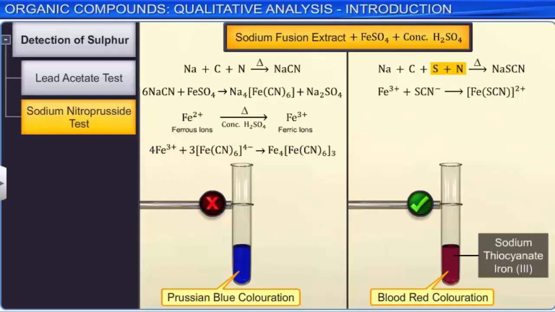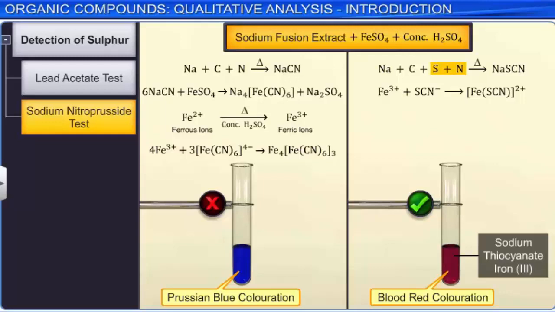The color of the precipitate indicates the presence of the specific halogen. A white precipitate, soluble in ammonium hydroxide, indicates the presence of chlorine. The white-colored precipitate is due to the formation of silver chloride.